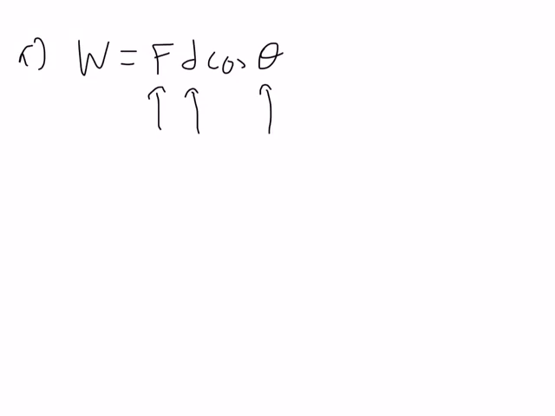But we do know something about our energy. Our initial energy is 1/2 m v naught squared, and our final energy, since it's at rest and it's on a horizontal surface, must be 0. And so really the way we want to get the work is not from a direct calculation of the work, but in terms of the change in energy.